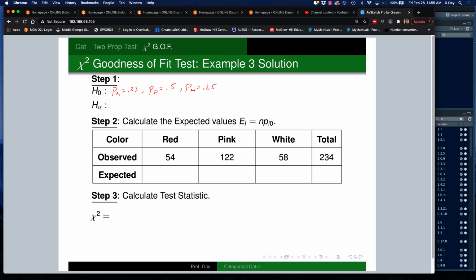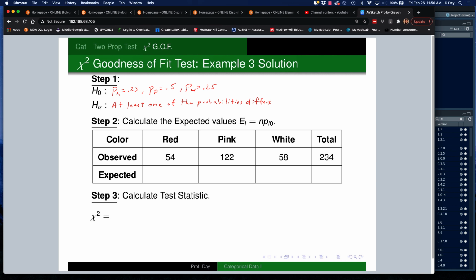The alternative hypothesis in this case is that at least one of the probabilities differs from the Mendelian genetic theory.